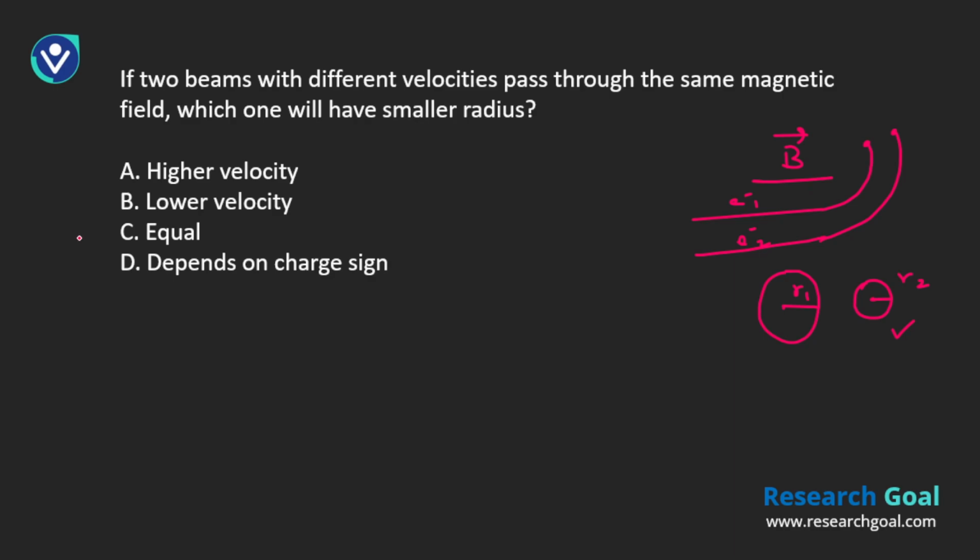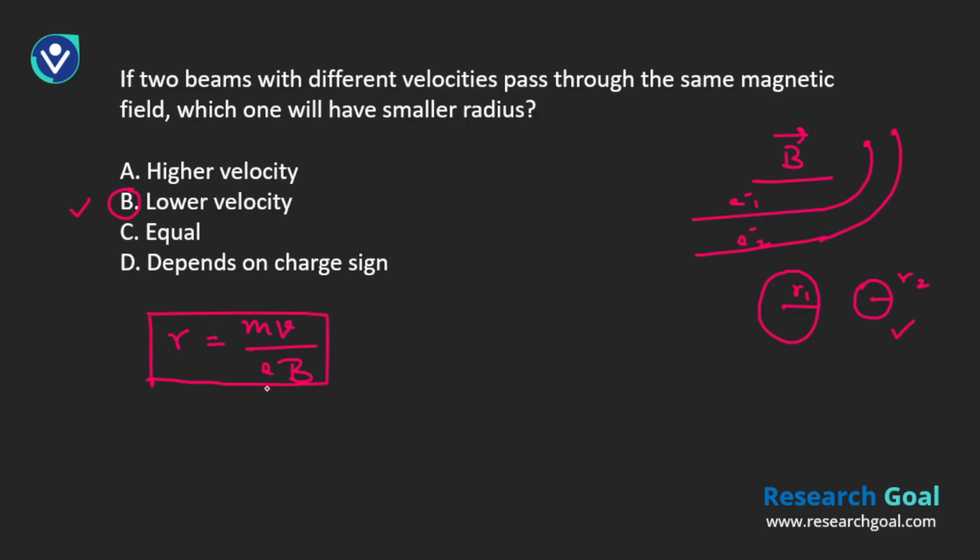I hope you have selected the correct option. The correct option in this case is B. The beam with a lower velocity will have smaller radius. So let's find it out. We know that radius is related to magnetic field like this.